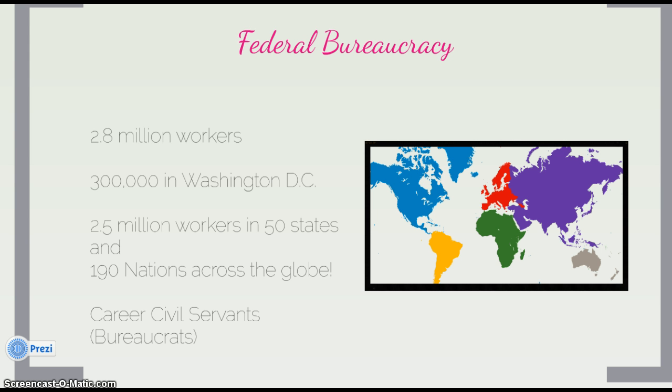So that means the rest of the workers in the federal bureaucracy are lifetime employees. That is, it's their full-time regular job. Why do I say their full-time regular job? Well, the 3,400 political appointees serve at the pleasure of the president.